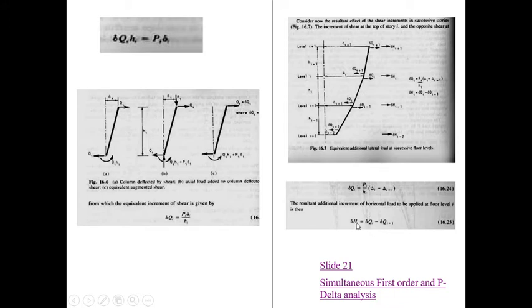This horizontal load increment delta Hi is equal to delta Qi minus delta Qi plus 1. Above that, what we had got is delta Qi. What is delta Qi? This delta Qi is nothing but Pi upon Hi, multiplied by delta i minus delta i minus 1.